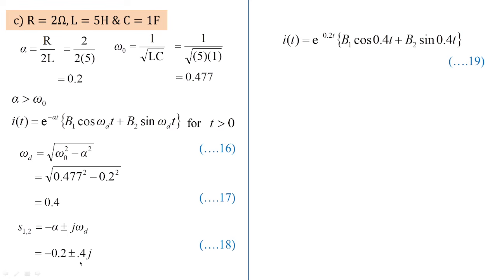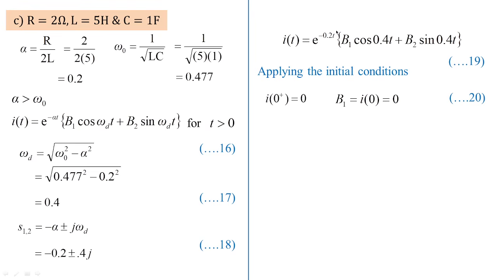Now just substitute the value of S1 S2 in equation 16. I'm going to get e to the power of minus 0.2 t, b1 cos of omega d, which is 0.4 t, plus b2 sine of 0.4 t. Applying the initial conditions, I of 0 plus is equal to 0, we know that.